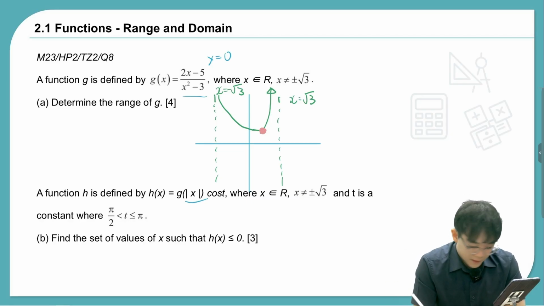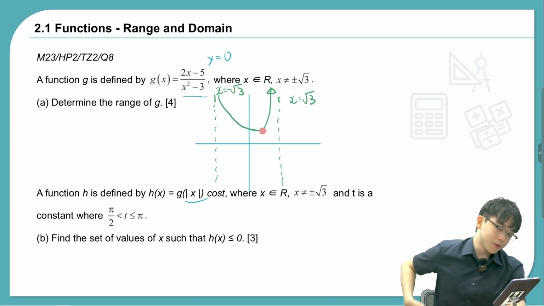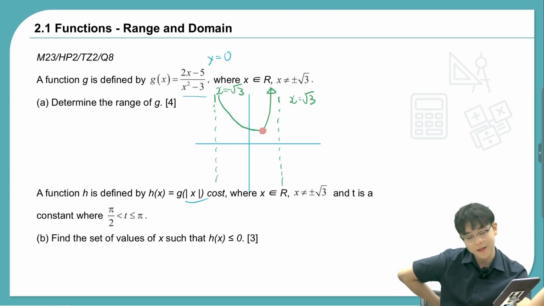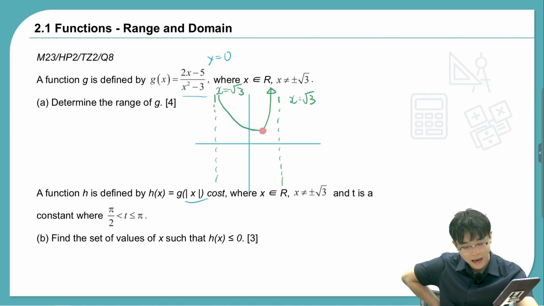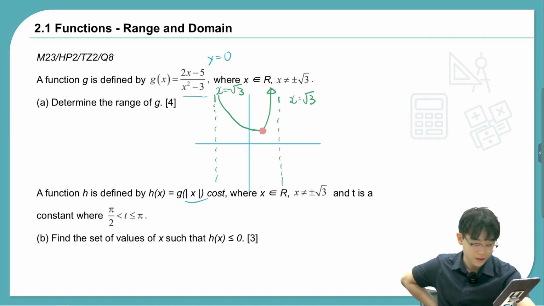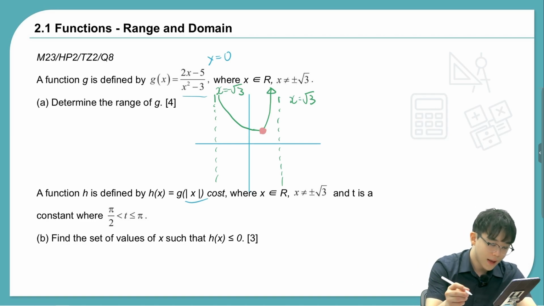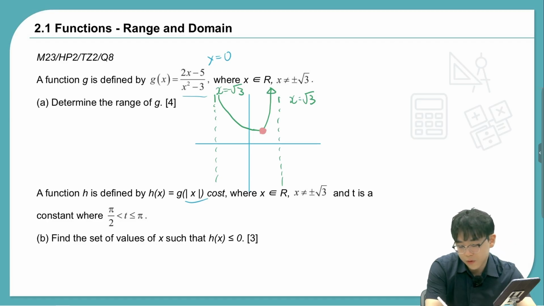On the left, as x goes to negative infinity, the denominator would be far greater. It would outpace the growth of the numerator, so you would go to y equals 0. And if we go to negative root 3 from the lower end, we get a negative infinity number. So this is what happens here.